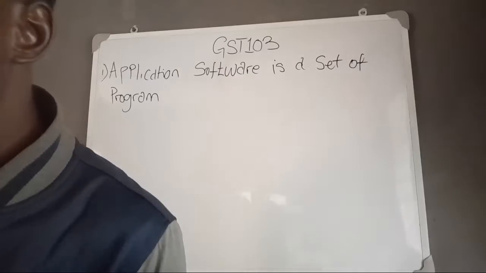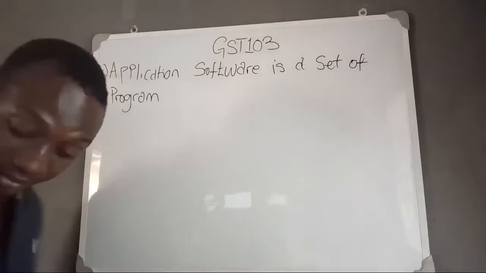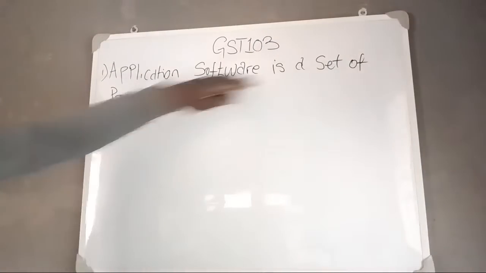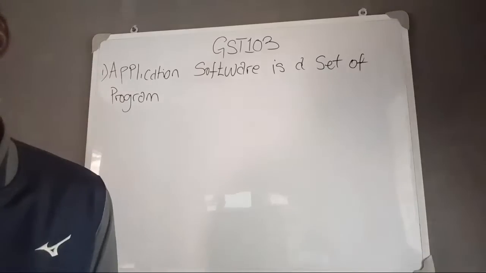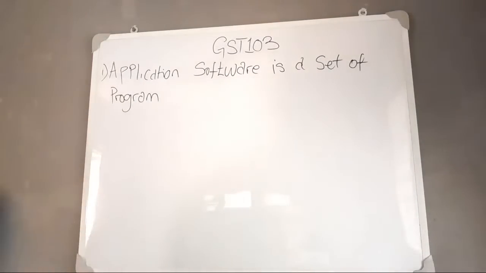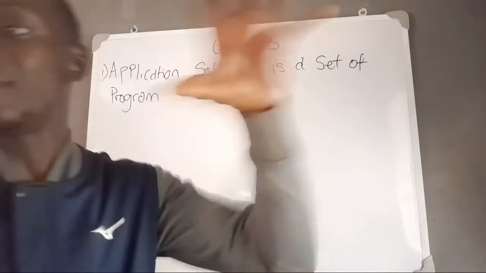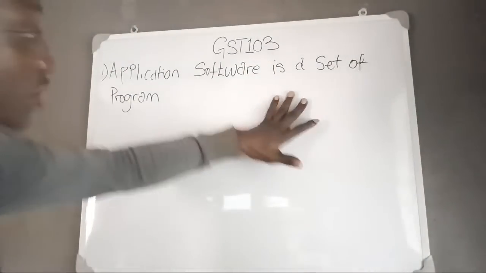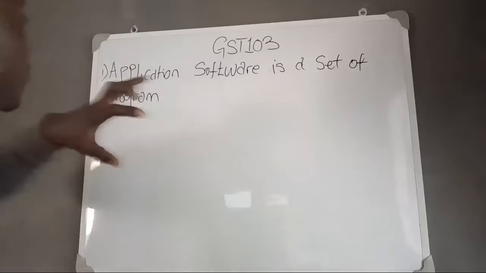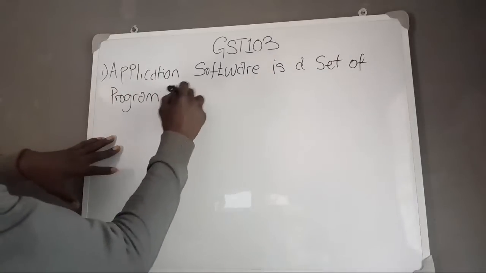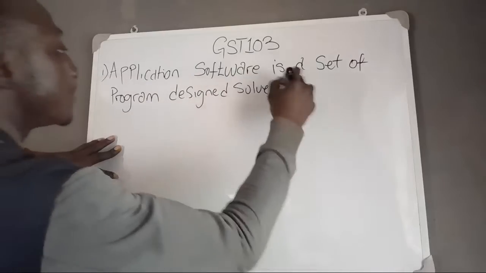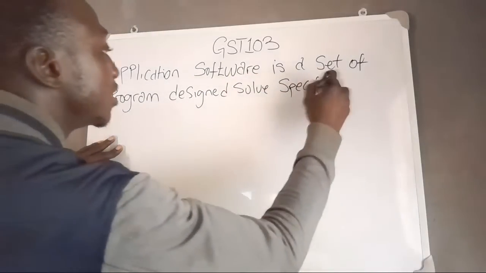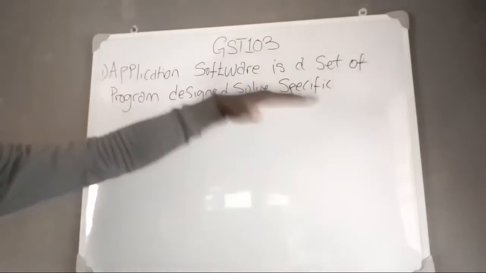So now we have application software. Application software is a set of programs designed to solve problems of a specific nature. The keyword here is specific.